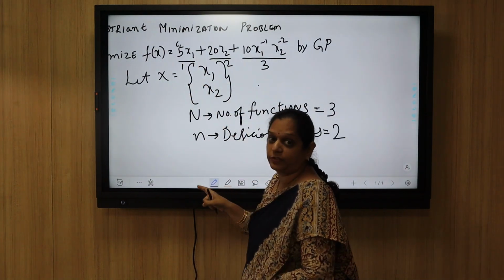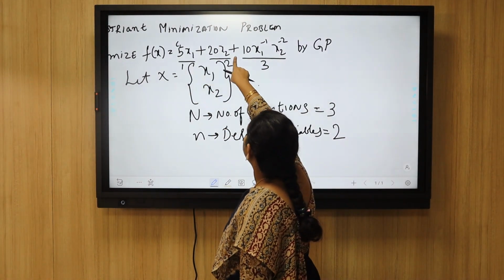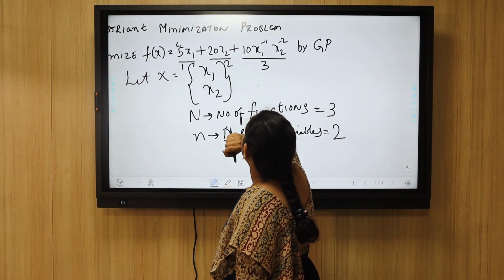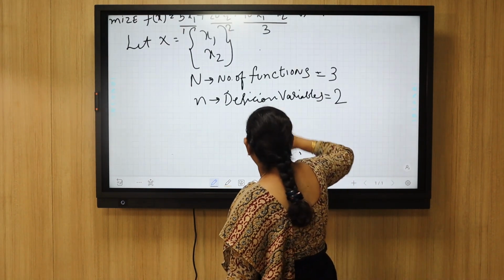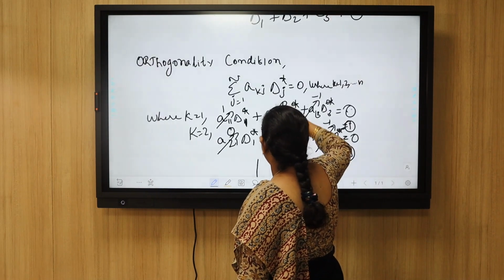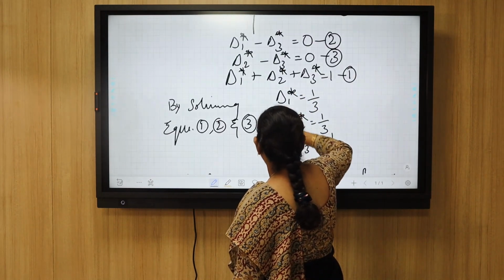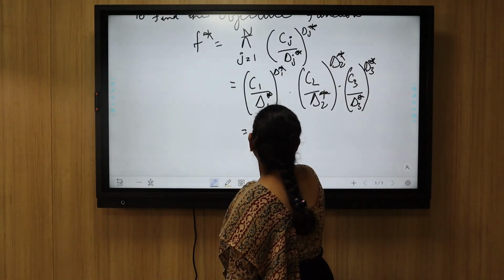The coefficient of the first function will be your C1 value, the coefficient of the second function will be the C2 value, and the coefficient of the third function will be your C3 value. So C1 will be your 5.